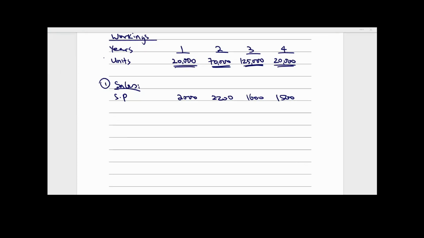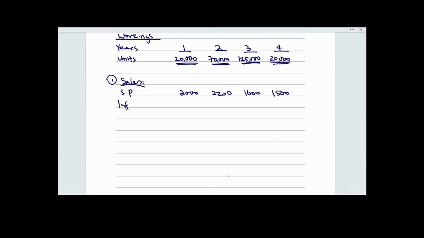So I will go to the question. This is selling price, so I want to inflate the selling price. You are told that selling price inflation rate and fixed cost inflation rate are expected to be 5% per year. So inflation rate on selling price is 5%.